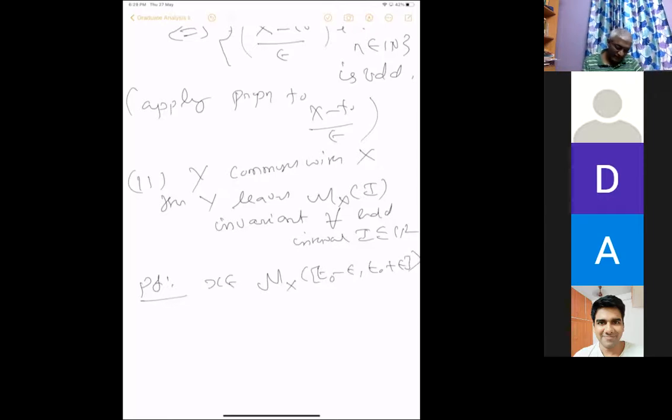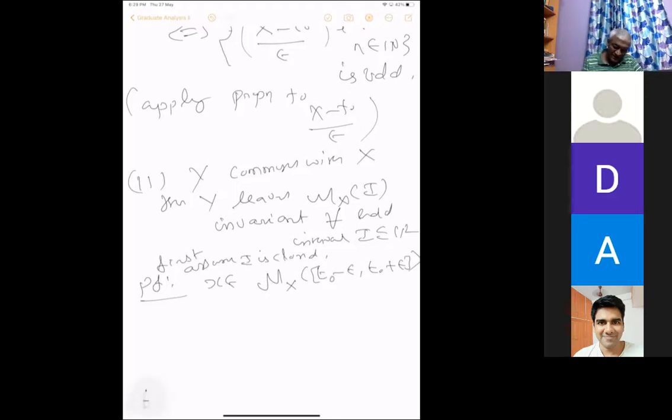So first for closed interval. First assume I is closed. Then suppose x is here. We want to prove that y leaves this invariant.